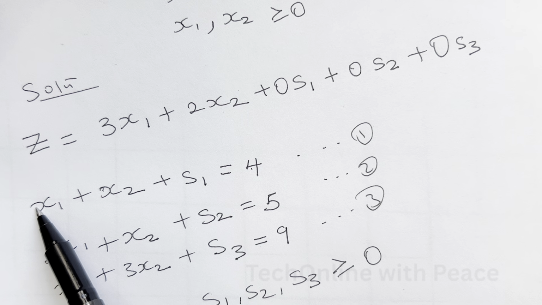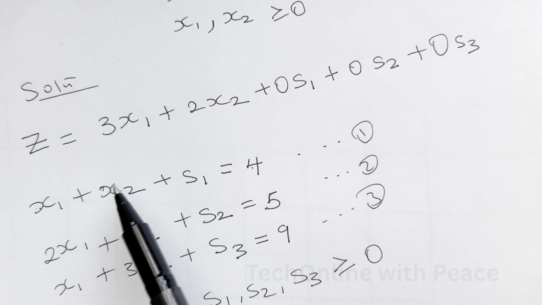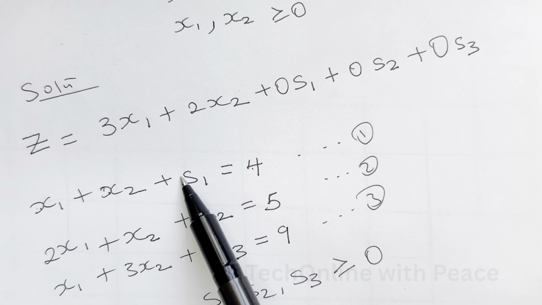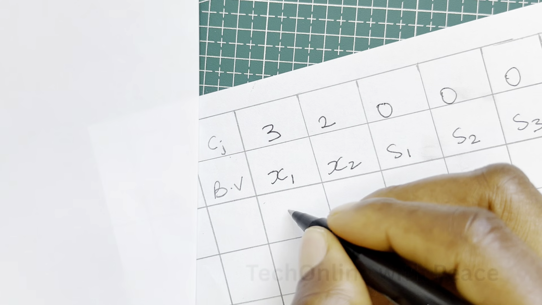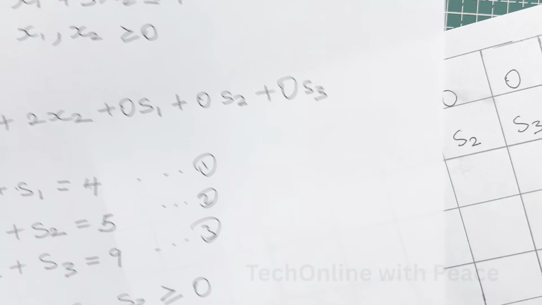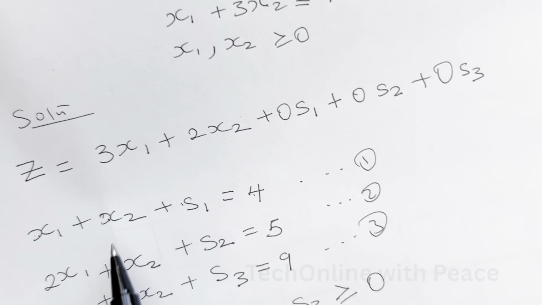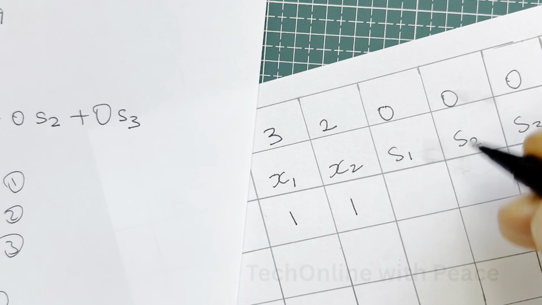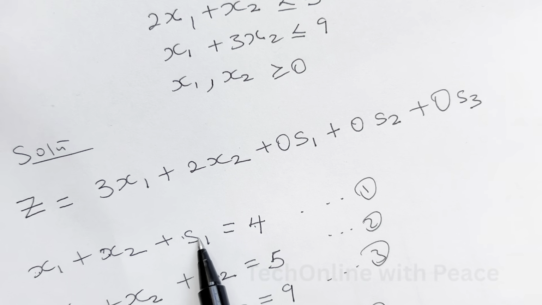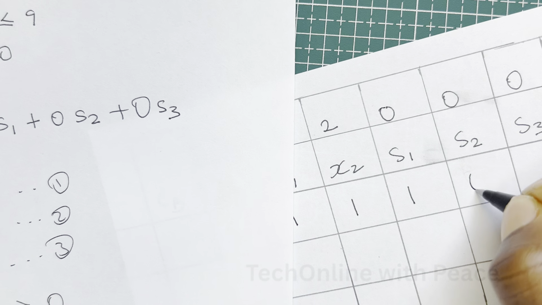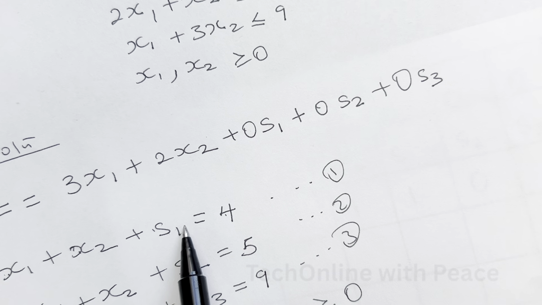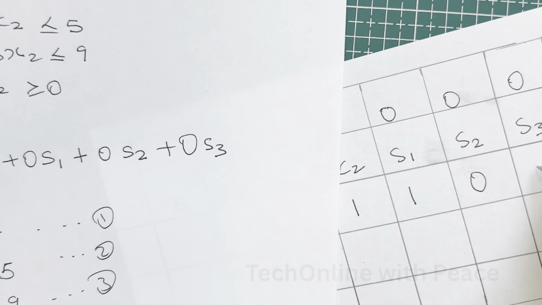The coefficient of x1 is 1, of x2 is 1, and of s1 is 1. So we represent that with 1, 1, 1. There is no s2 here, so we represent that with 0, and no s3 for constraint 1, which we also represent with 0.